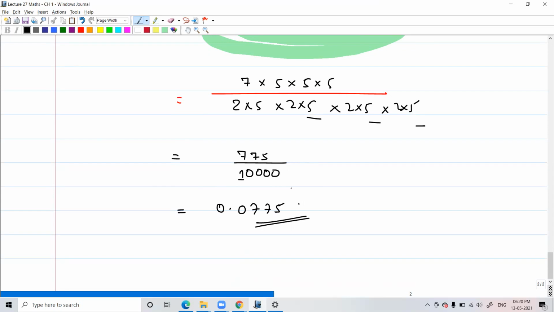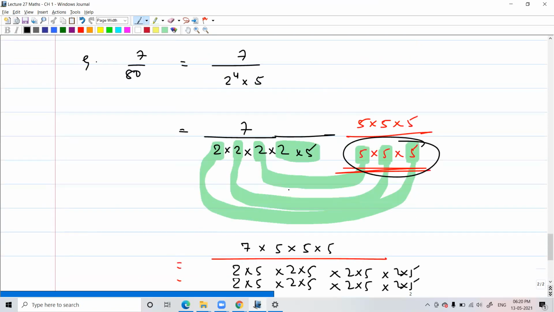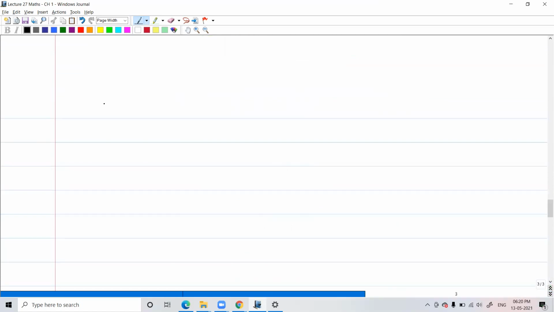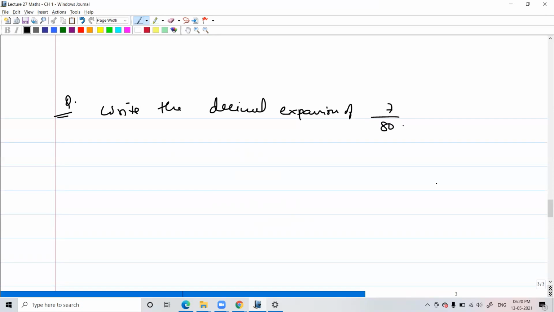Okay, so now let's do the proper shortcut way, how we will normally do it in your exams. You don't have to write all those steps. Let's say I tell you to write the decimal expansion of 7 by 80. What would you do? Very quickly go and do the prime factorization.